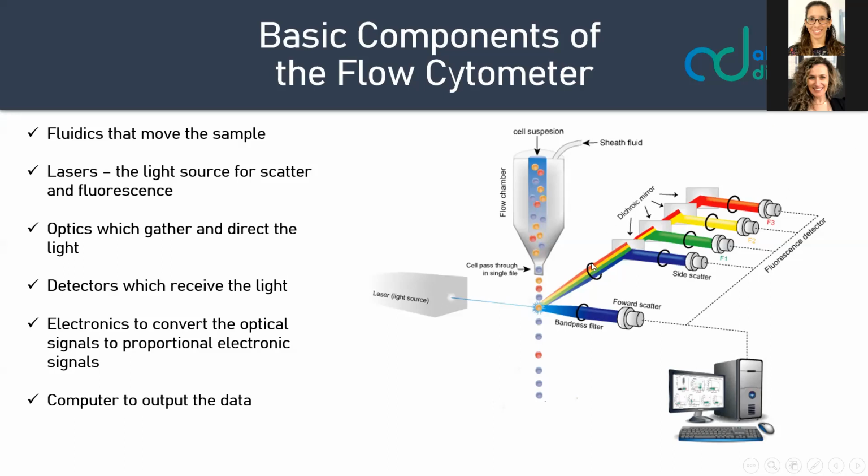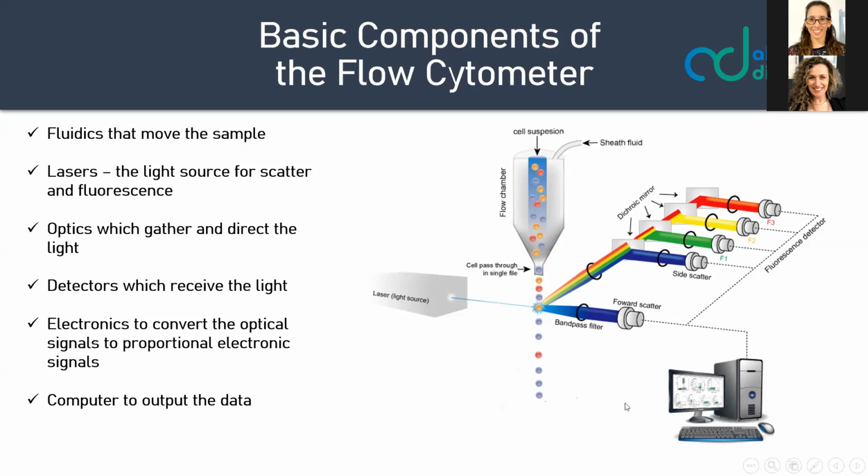The electronic system is not shown in this slide, but in the electronic system, the current travels to an amplifier, and the signal is amplified and converted to a voltage pulse. This voltage pulse is converted to a digital number, which is processed by the computer.